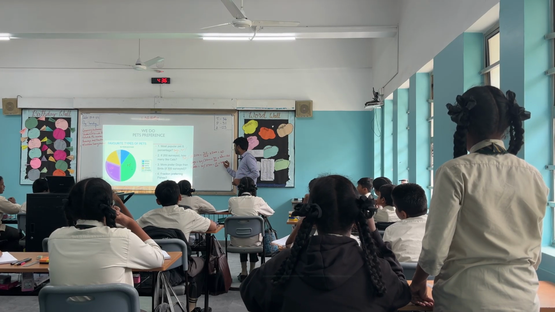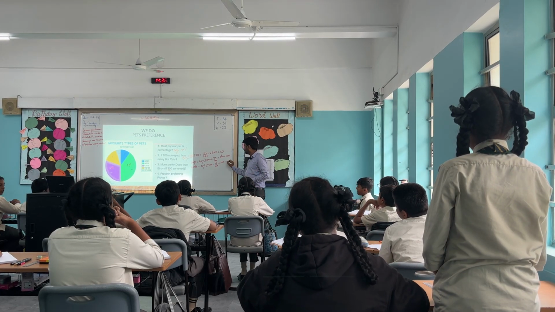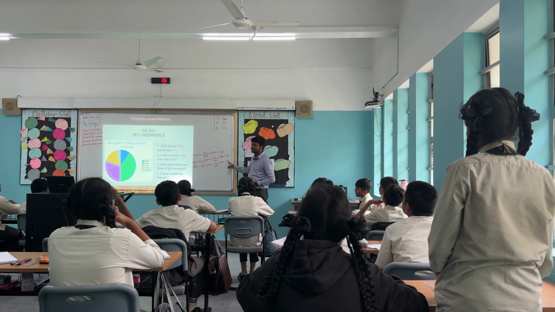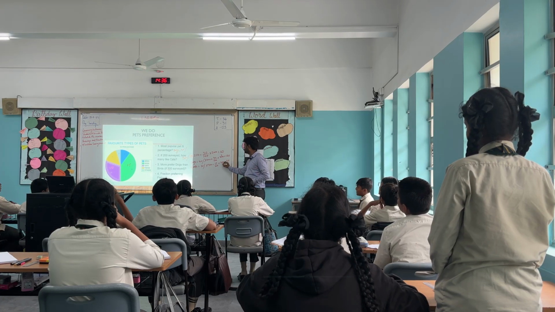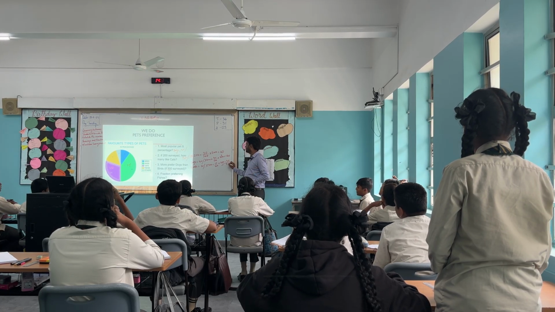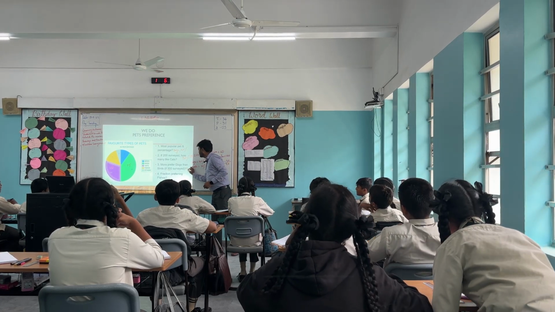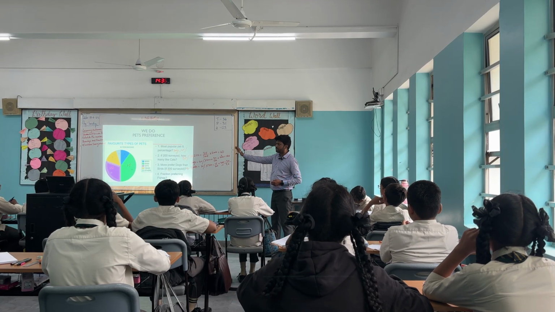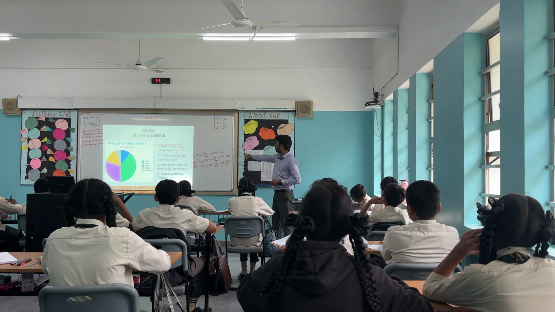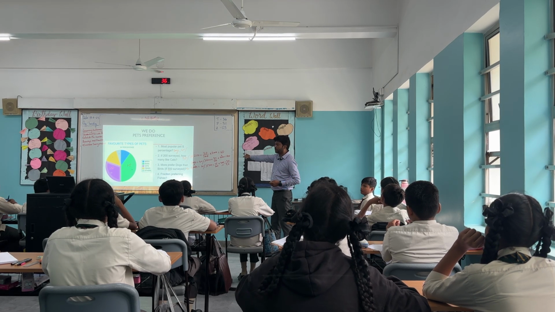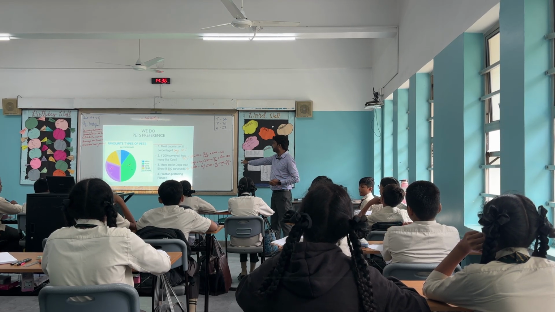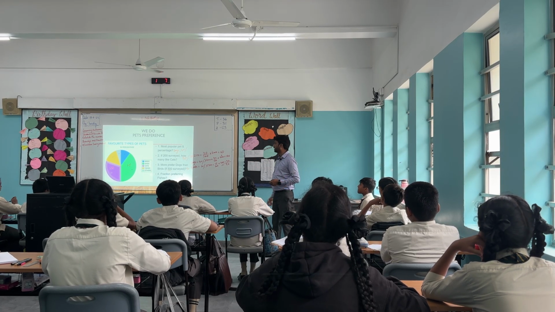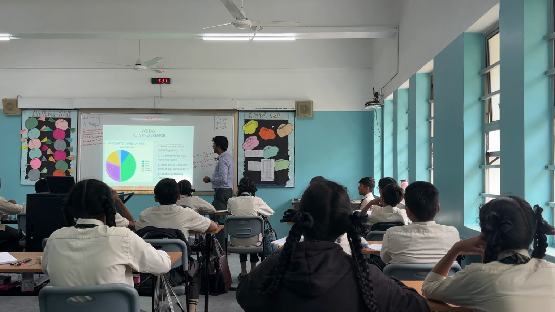Zeros cancel. 3 times 10 is 30. So 30 people like birds, and the difference between them is 90. When 300 people were surveyed, 120 people like dogs, 30 people like birds, and the difference is 90.